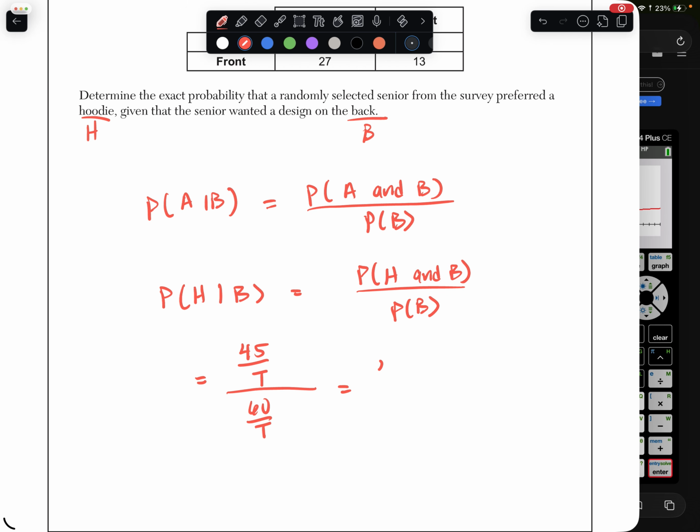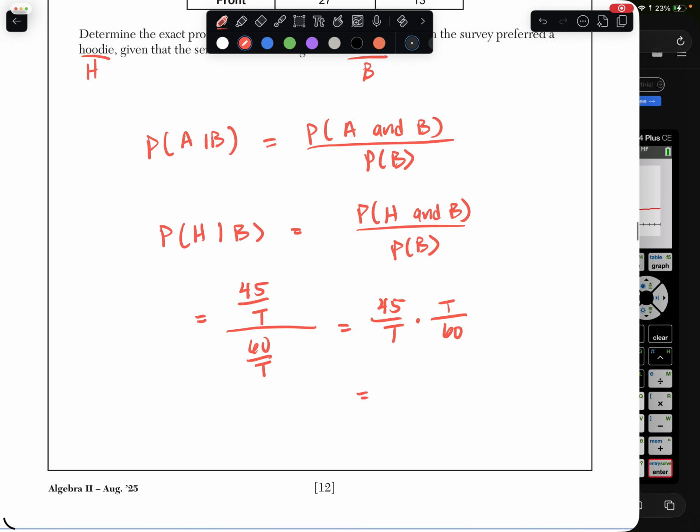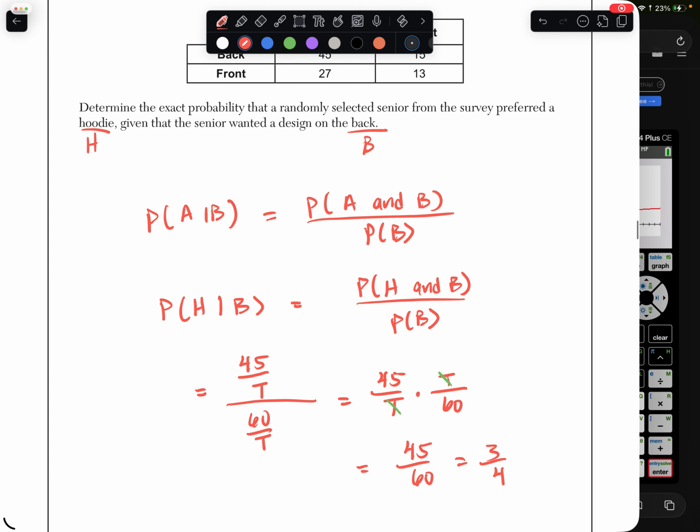Then this is equal to 45 over the total times total over 60, and then this is equal to 45 over 60. You can see that the total cancels out. That simplifies to 3/4, and that is the probability.